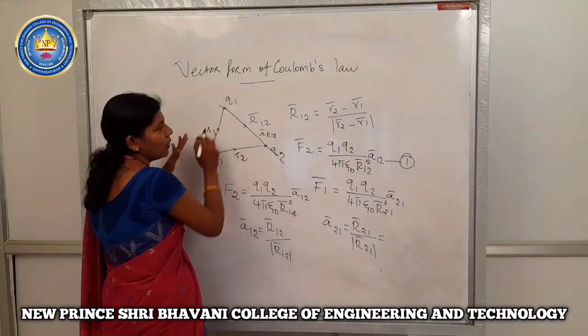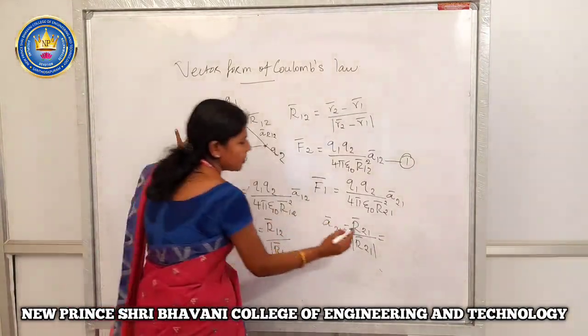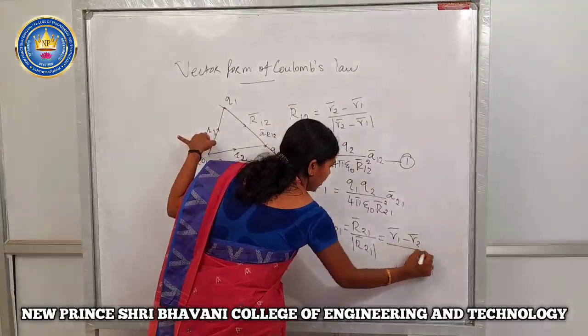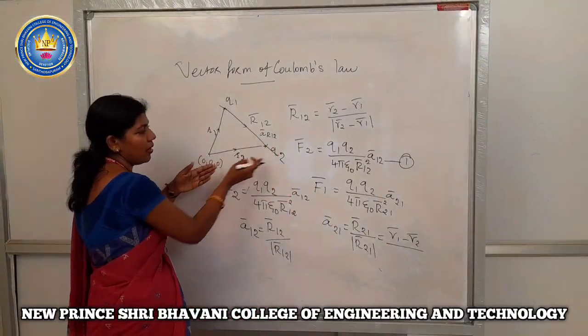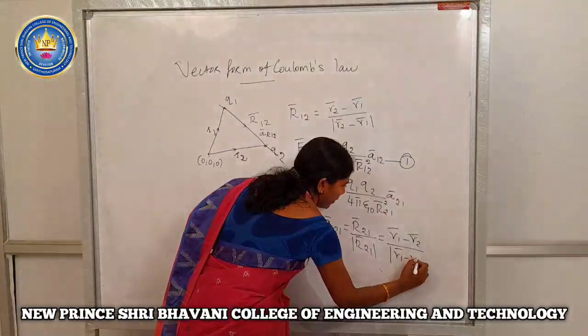So for the position vector for q1 charge r1, it is r1 bar minus r2 bar, where r2 bar is the position vector of q2, divided by the modulus of r1 bar minus r2 bar.